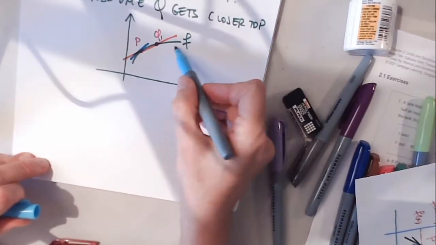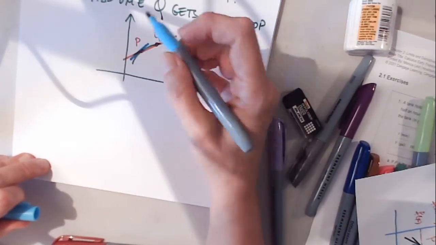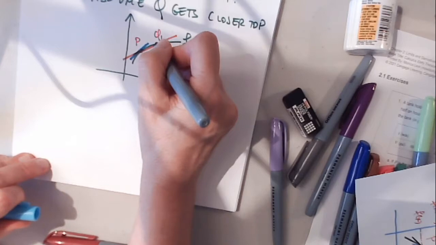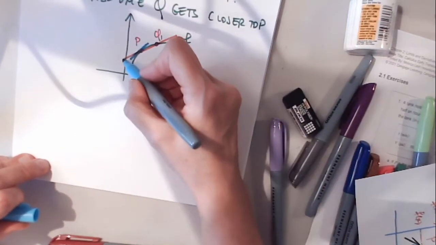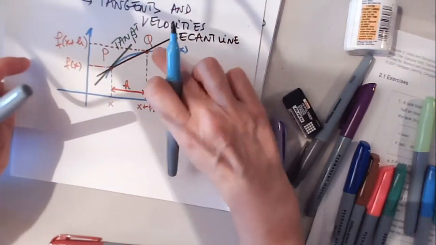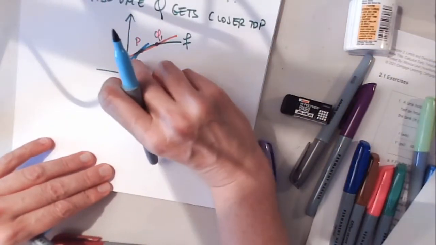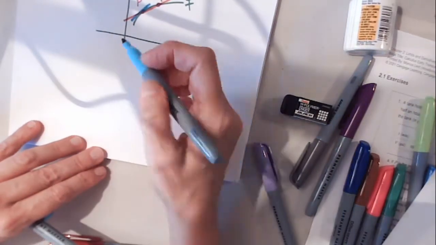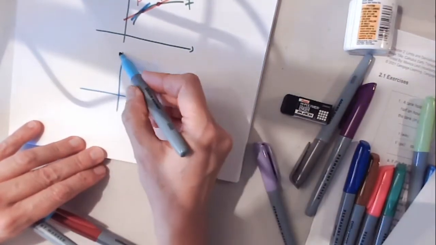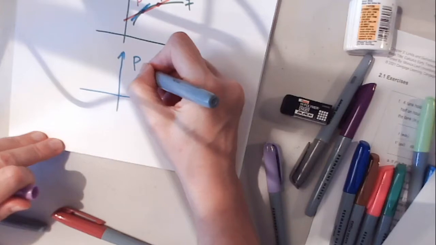Initially, I had this slope, which was much further away from the slope of this line. But now if I bring Q closer to P, now in position Q1, this is the secant line and this is the slope. So obviously, this slope was far away from this slope. But now this slope is closer to this slope. Let's look at the next scenario. Still our function f, still point P, it did not change, but now I'm bringing Q to position Q2 right here.